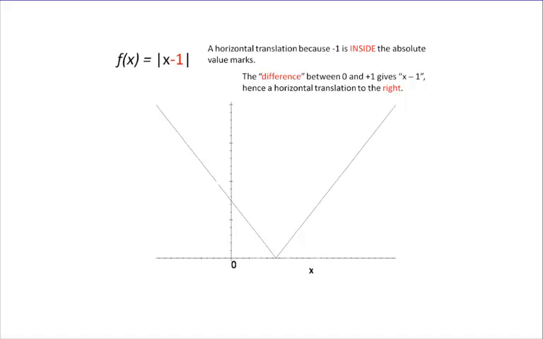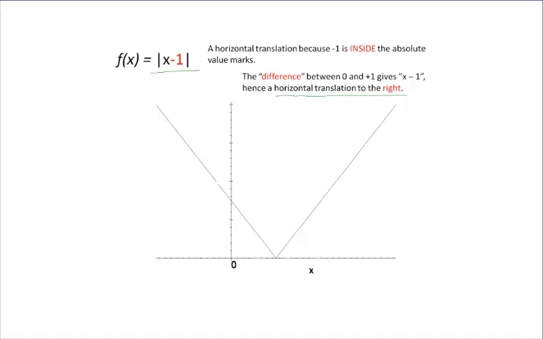I'm going to go through this very quickly, but just like all other functions, when we have a translation inside of the function operation, here we have -1 inside of the absolute value marks, so it is affecting the independent variable.